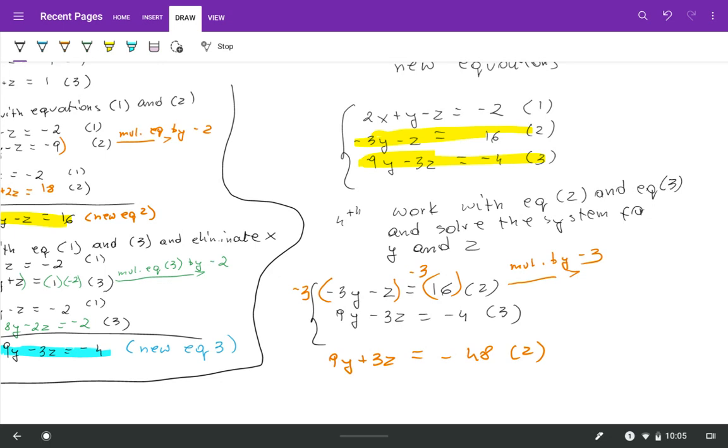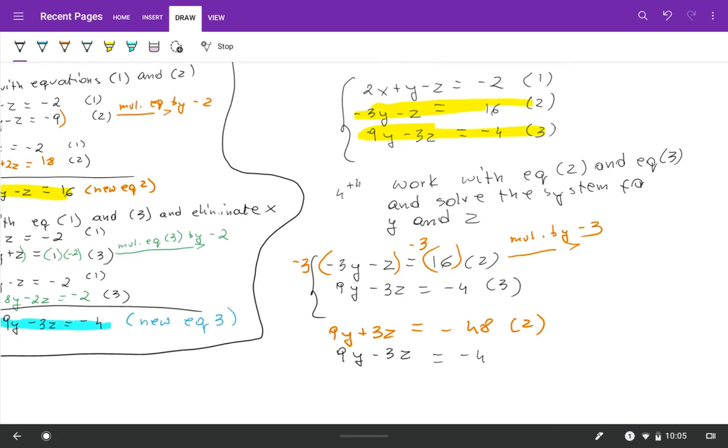And equation 3, we have 9y minus 3z equal negative 4. So this is equation 3. Let's add them together.